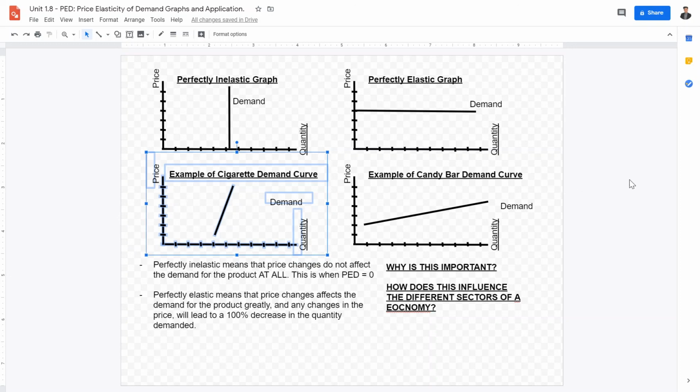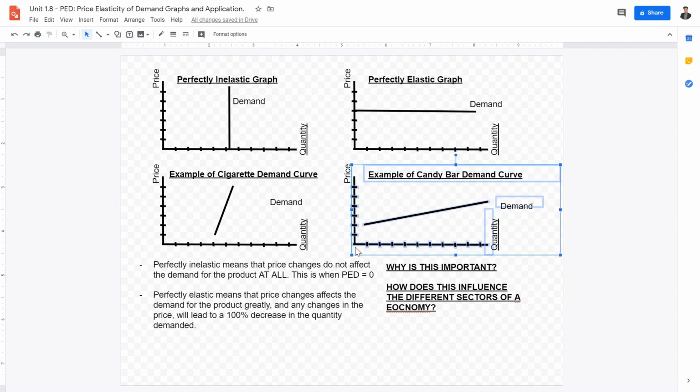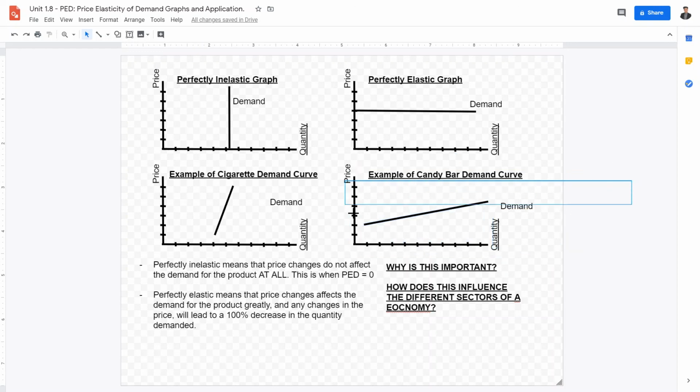So when you are a firm producing highly inelastic goods, you are incentivized to raise prices for profit maximization.